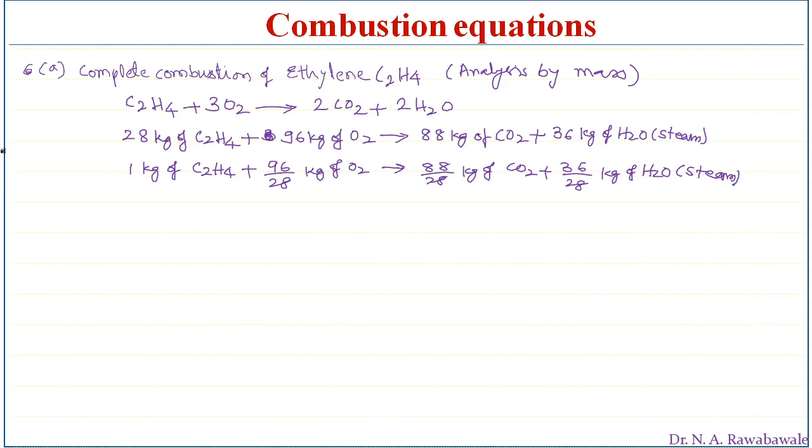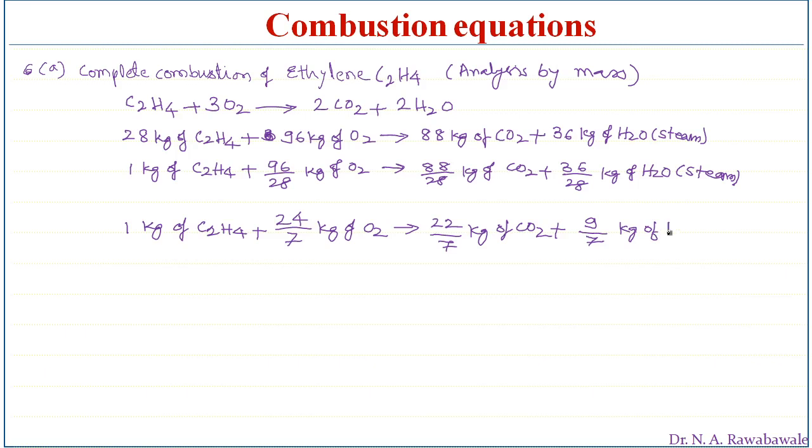So this can be further written as 1 kg of ethylene is burnt in presence of 24 by 7 kg of oxygen (4 7s are 28, 4 2s are 8, 4 4s are 16, 24 by 7), produces 22 divided by 7 kg of carbon dioxide plus 9 by 7 kg of water, that is steam.